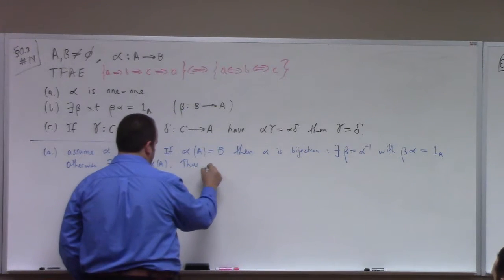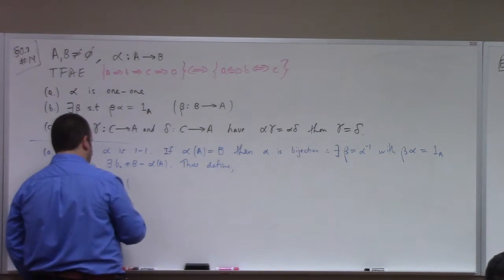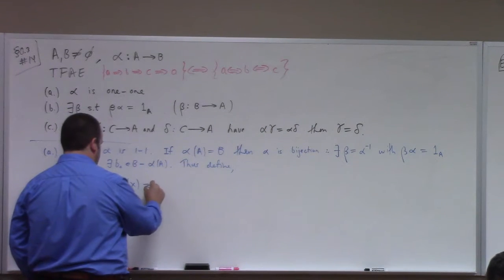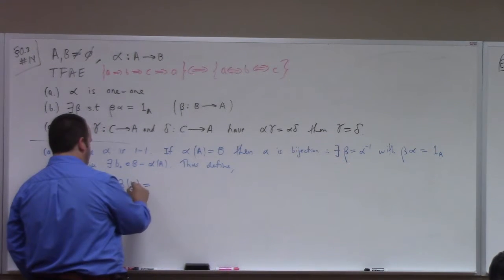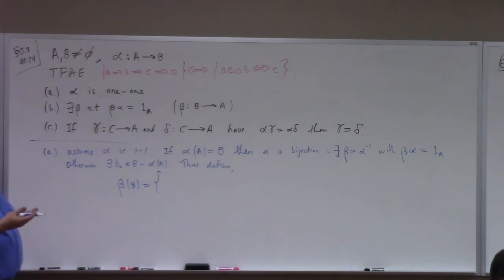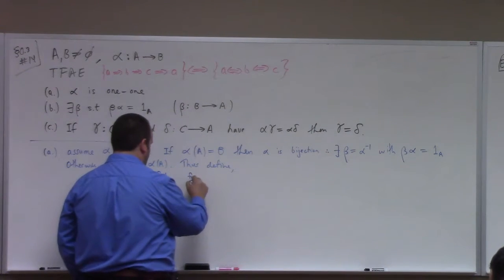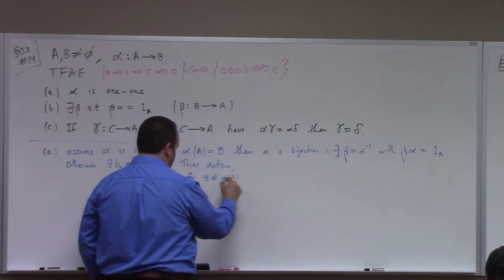Thus, define beta of y, I'll use y for reasons that'll become clear in a second. What am I going to define it to be? I'm just going to let it be b naught for y, which is not an element in alpha of A.